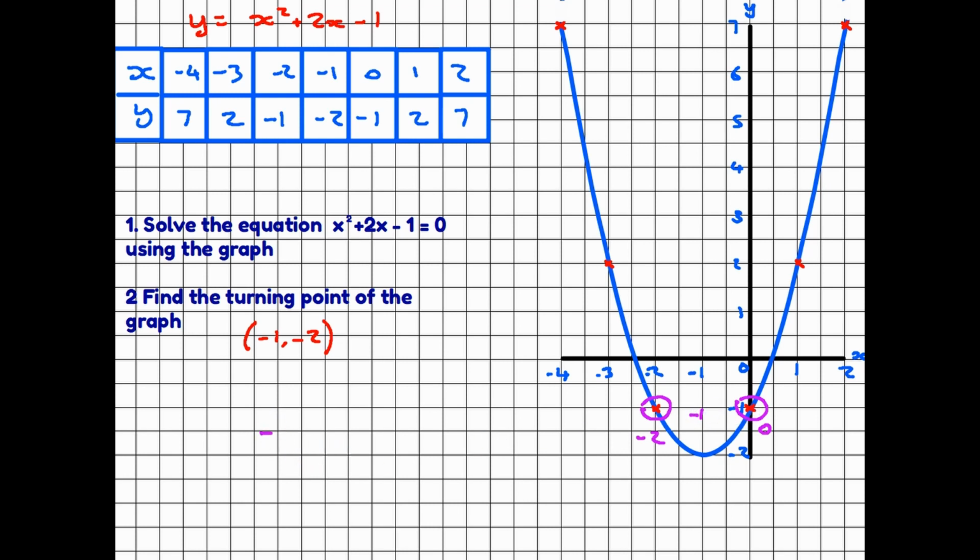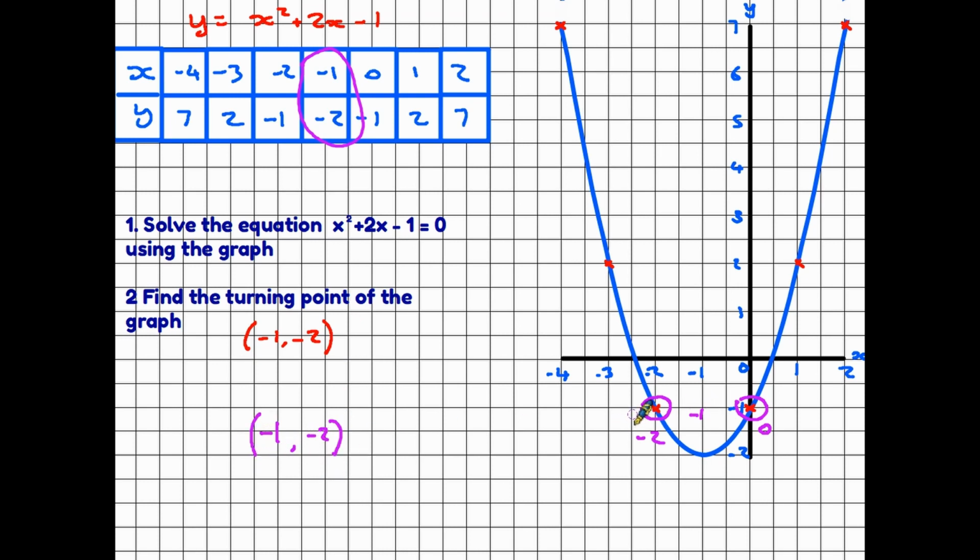So the x coordinate is therefore -1. What you then need to do is put this coordinate into the equation. So if you put -1 into the original equation from the question, that will then give you the y coordinate. In this case, as it happens, it's already been done for us here, so we know that it's -2.